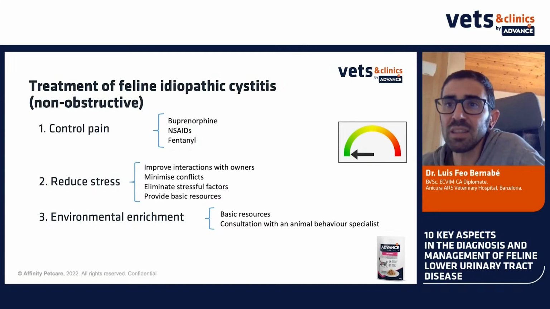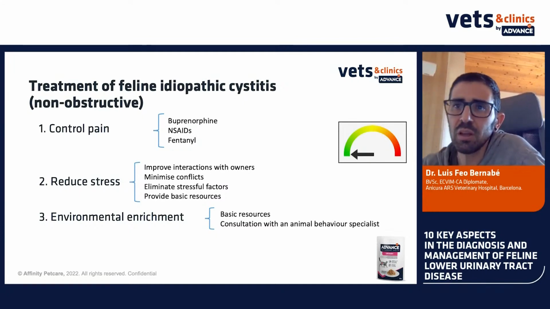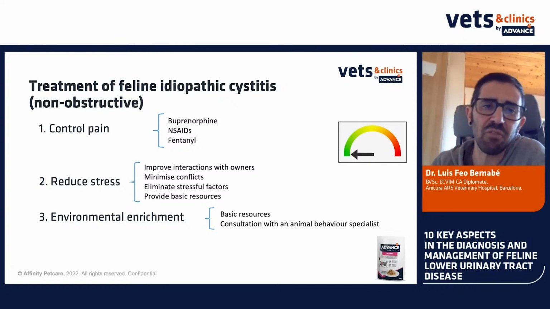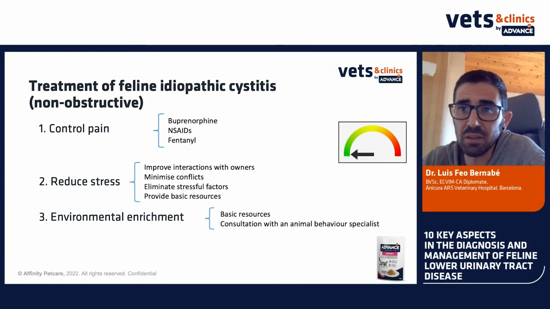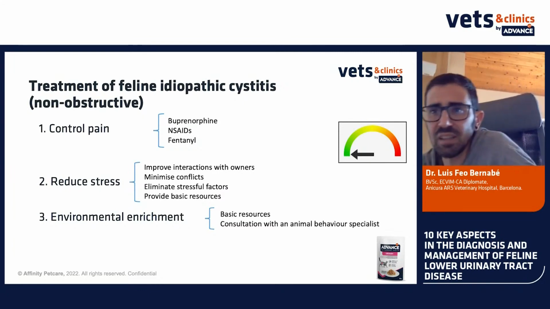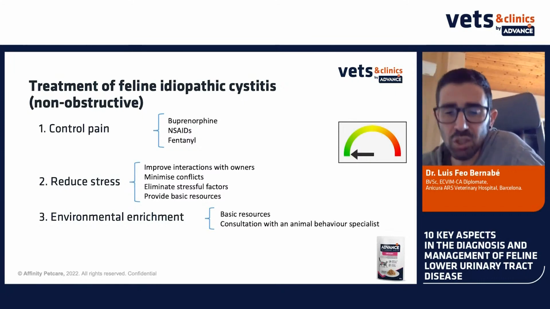Obviously, it's really important in this case to minimize the recurrent episodes, to evaluate if they have environmental enrichment. Some of this environmental enrichment is in the list that I have already mentioned.